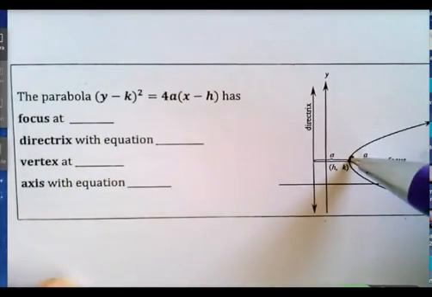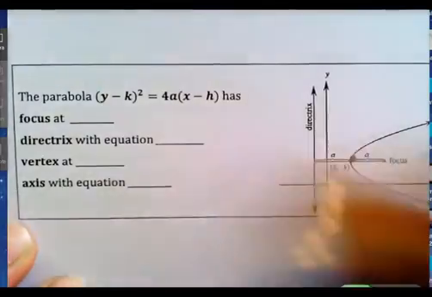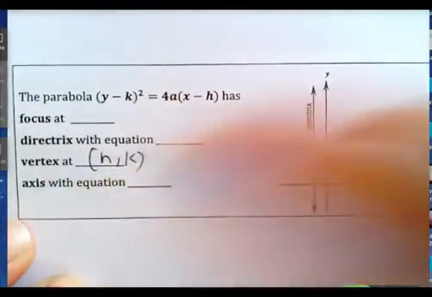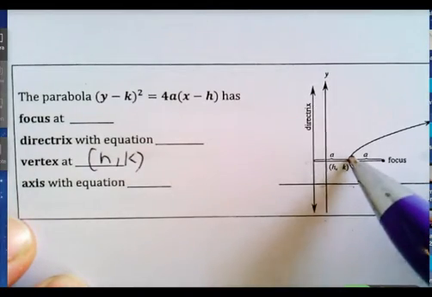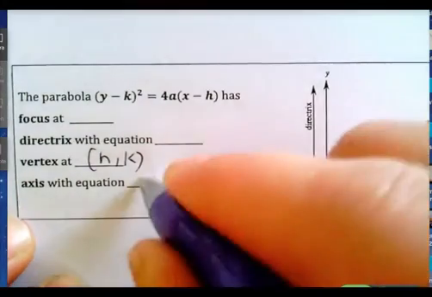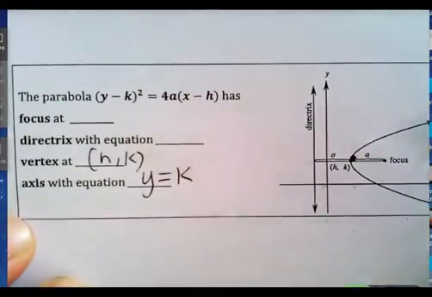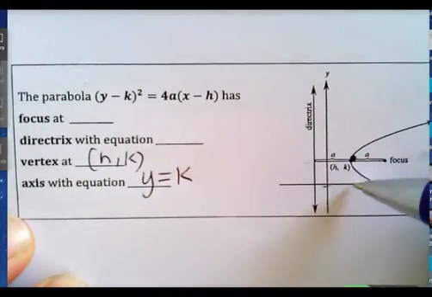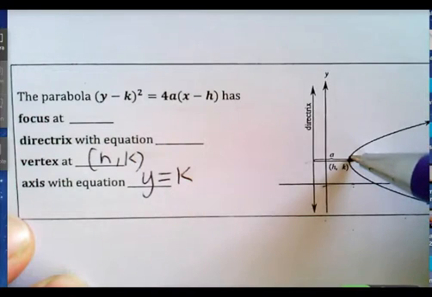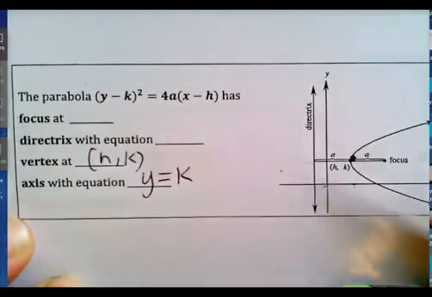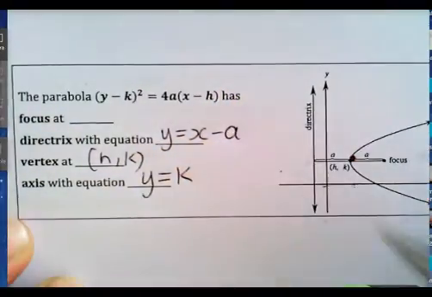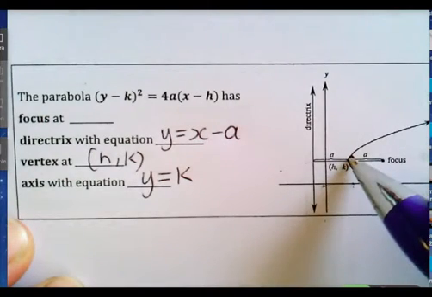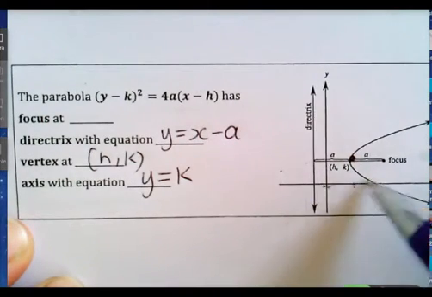Here, where's the vertex? (h, k). What's the axis? You're going across h, up k, y equals k. Girls, the directrix, you're going across, so it's whatever x is, and then going back a.